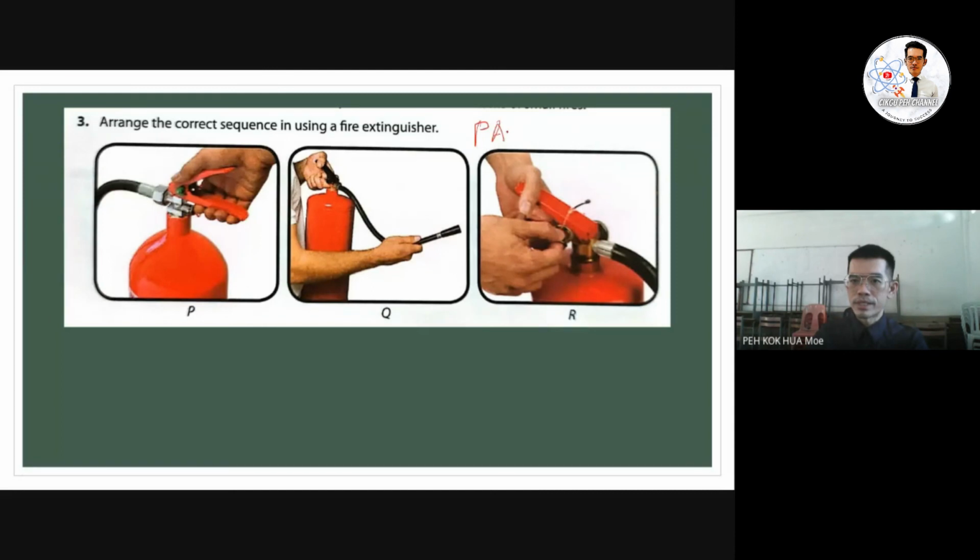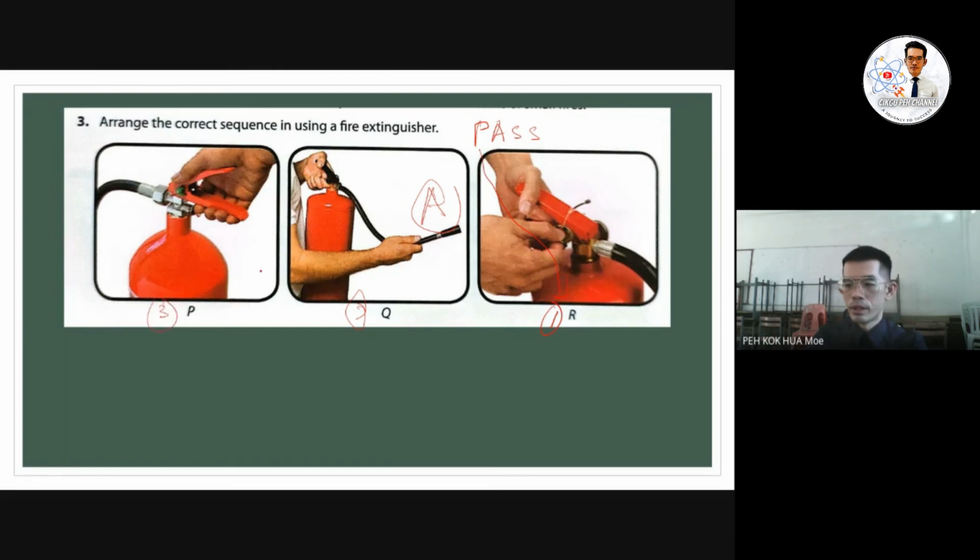So the first step will be pull, good, well done. The second step, Q, yes, aim at the source of the fire, correct. And the last will be P, which is squeeze.